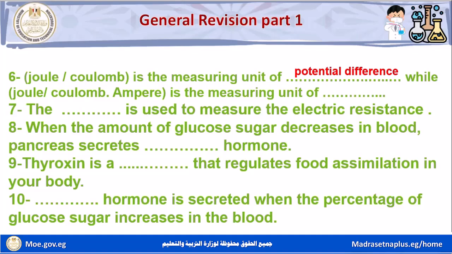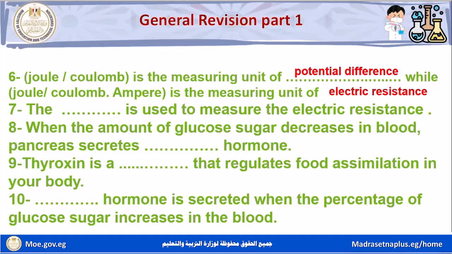while Joule per coulomb dot ampere is the measuring unit of space. طبعا electric resistance. Joule per coulomb dot ampere is the measuring unit of electric resistance. Okay.